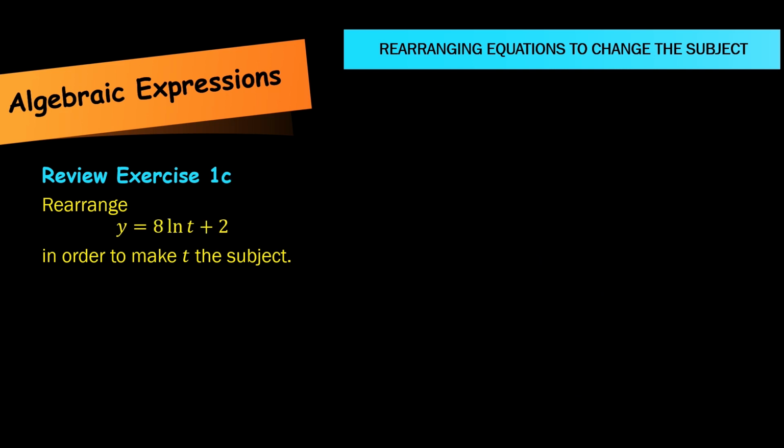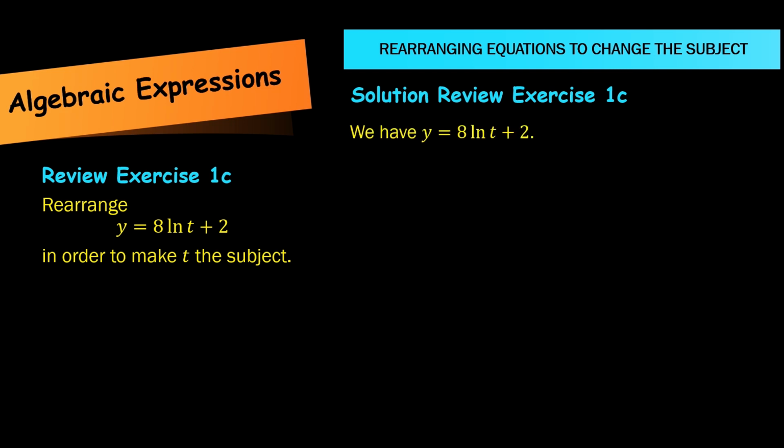And now for part C, we are required to rearrange y equals 8 ln of (t plus 2) in order to make t the subject. So let's solve this. 8 ln of (t plus 2) equals y implies that 8 ln of t equals y minus 2. We've simply subtracted 2 from both sides.